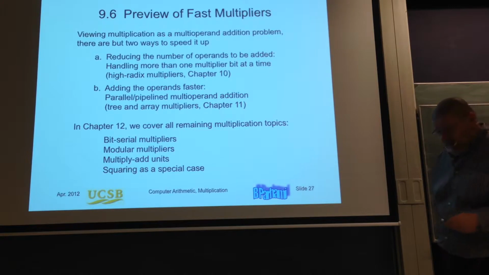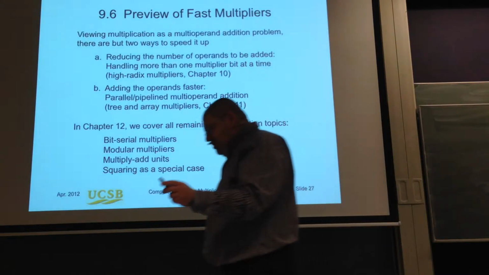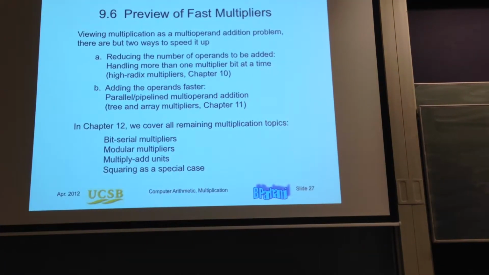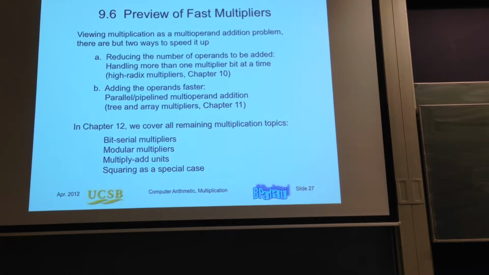Now, what we saw is that multiplication can be done in n cycles, which is not a fantastic result. Actually, you could have guessed that before the discussion. Now, how can I go faster?